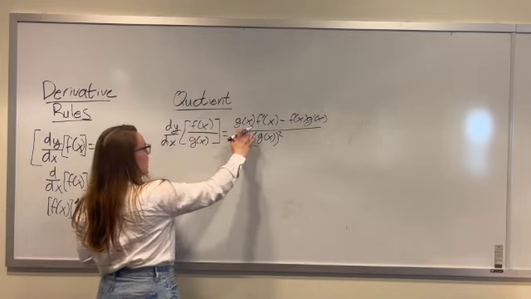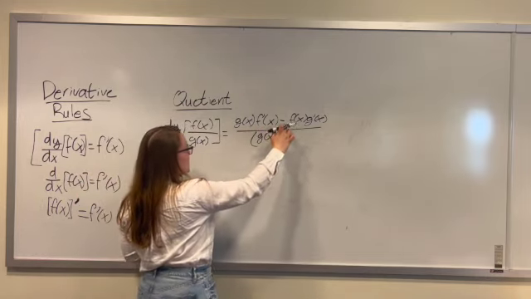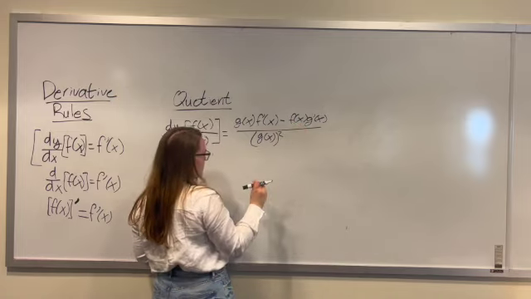So this is g of x times f prime of x minus f of x g prime of x, divided by g of x squared.